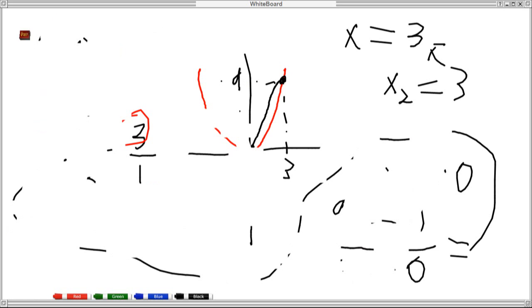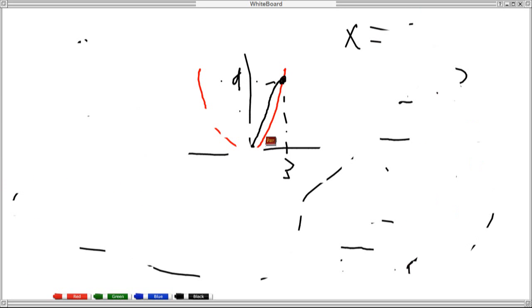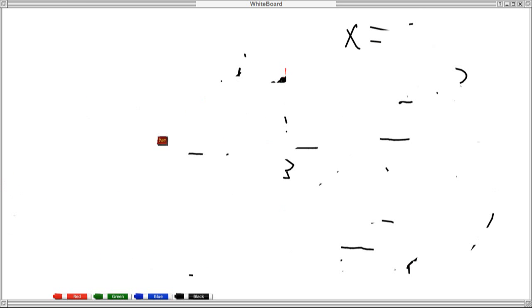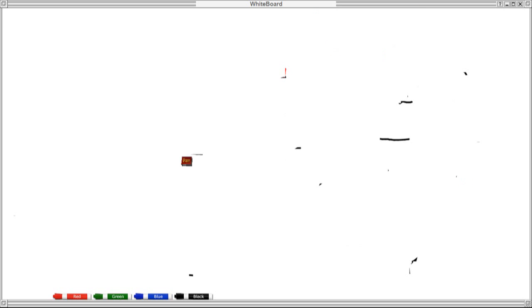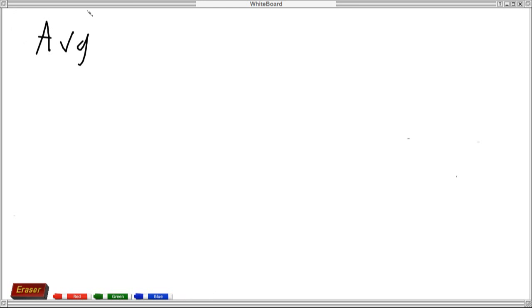Let's keep in mind that this is the average rate of change, and it's 3. Let me just erase this and write it down: average rate is equal to 3.